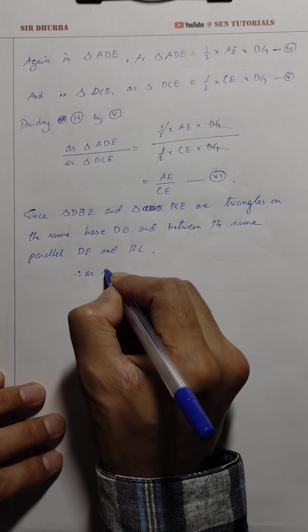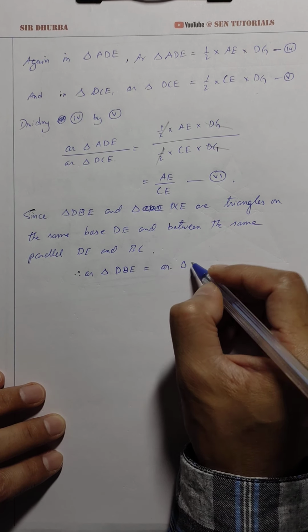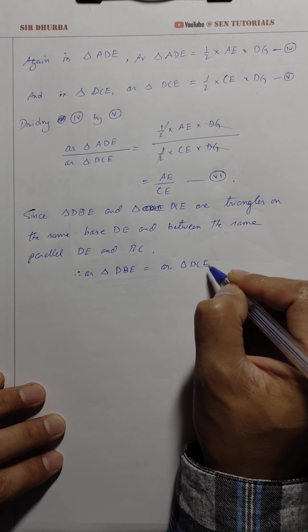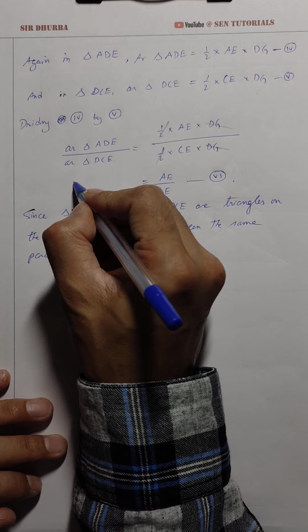So what will happen? Area of triangle DBE would be equal to area of triangle DCE. All right, clear? So this was our equation 6.